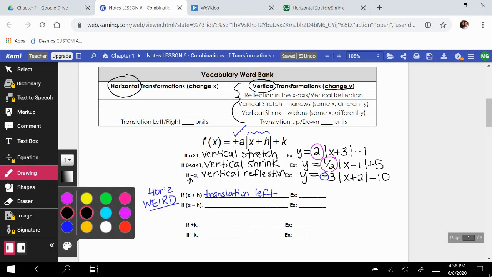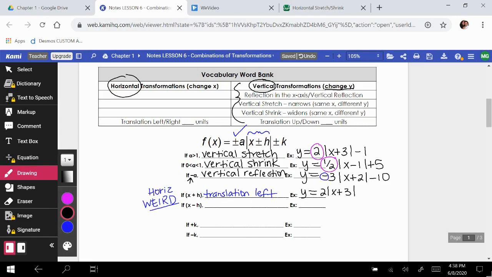So an example of that might be 2 absolute value of x plus 3 minus 1. Do you see how the x plus 3 inside the absolute value would indicate a shift left? Versus if you have x minus some number, that's going to be a translation to the right.